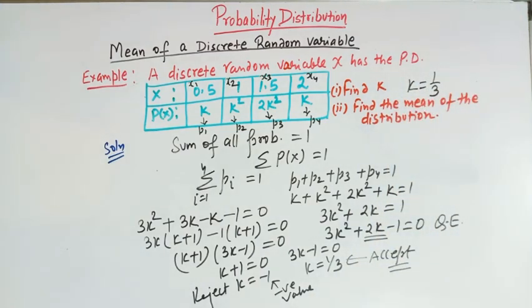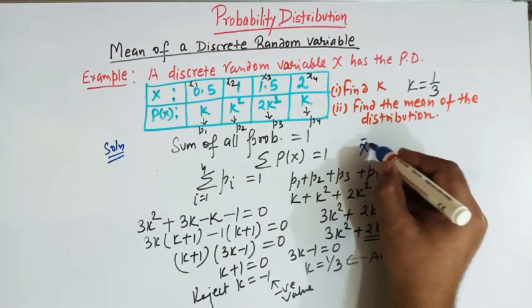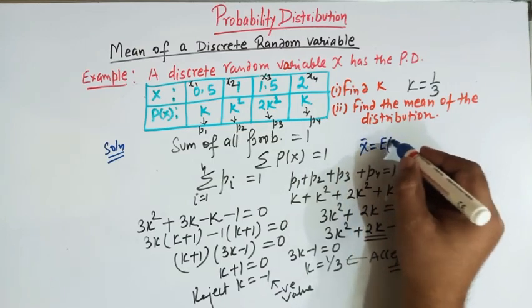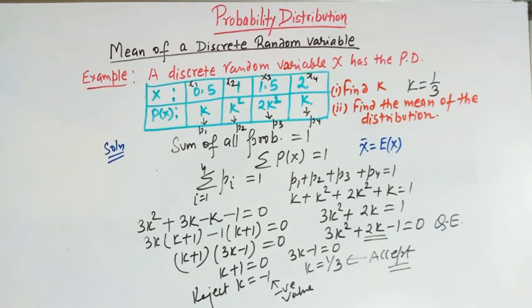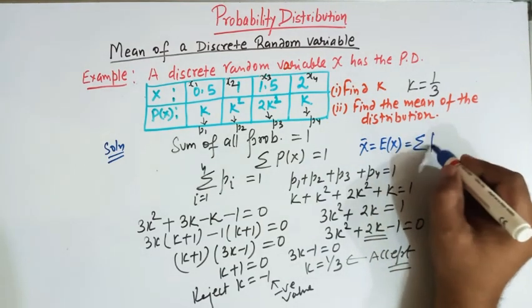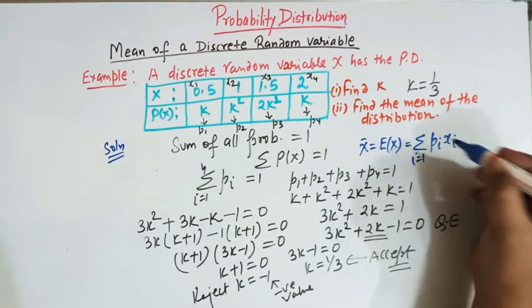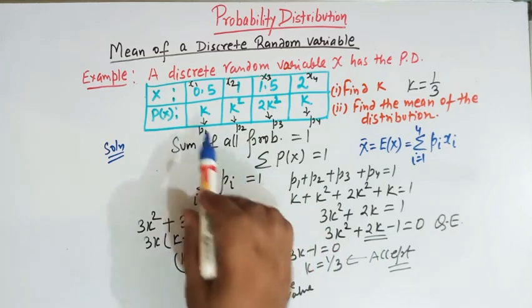Now we have to find the mean of this distribution. So the mean is given by x bar, that is also known as the expectation value of x, and this is sigma of pi xi, right, where i takes the value from 1 to 4, right?